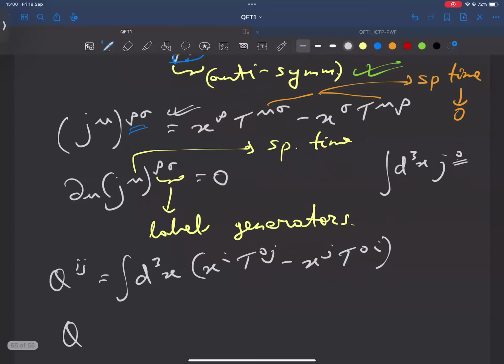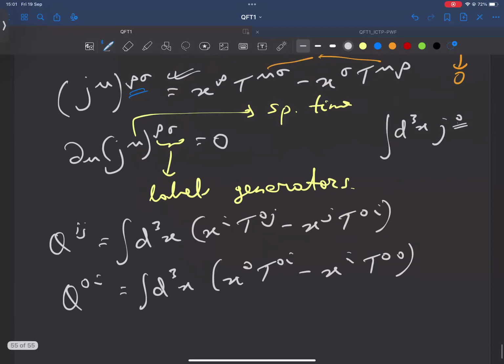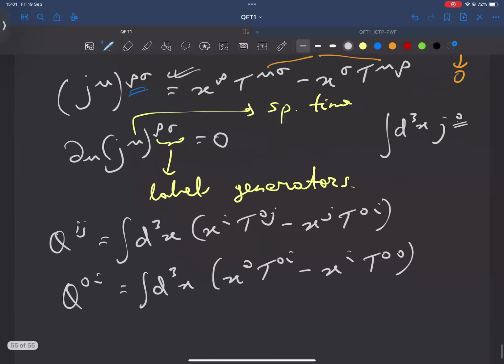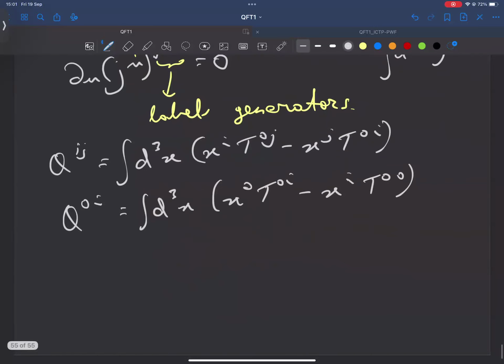So this will be one conserved charge. The other conserved charge will be Q^{0i}, the integral d3x of x^0 T^{0i} minus x^i T^{00}. These first ones are components of angular momentum, and we will see right away how.